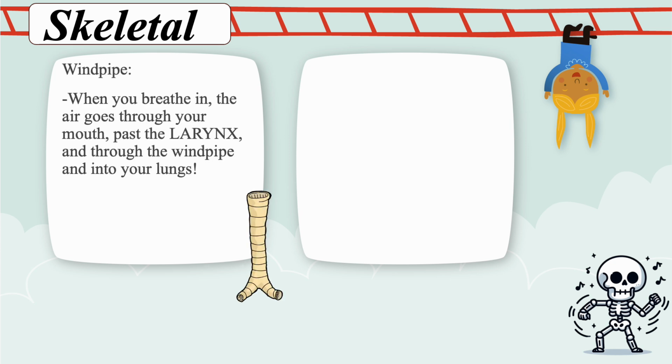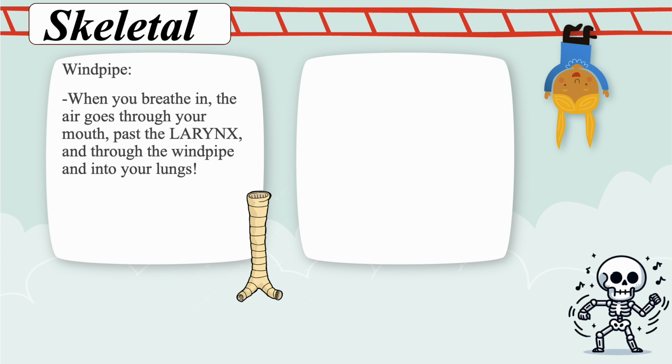So when you breathe in, the air goes into your mouth past your larynx, which is, when we learn about phonation, we'll talk about this, but your larynx is basically a house for your vocal cords. And when we talk, our vocal cords hit each other and vibrate, and that creates sound.